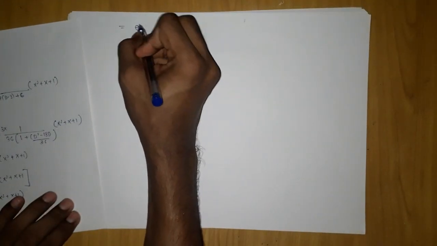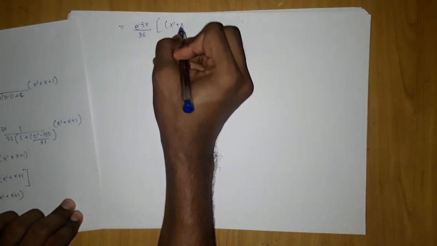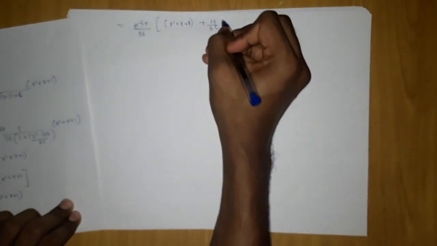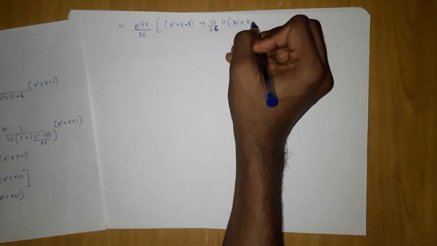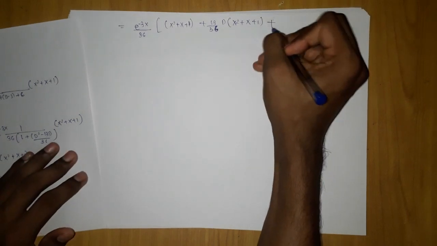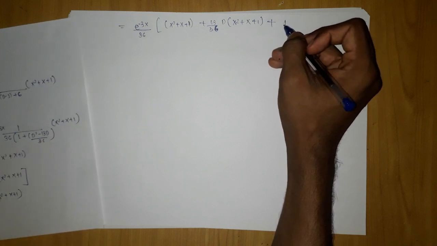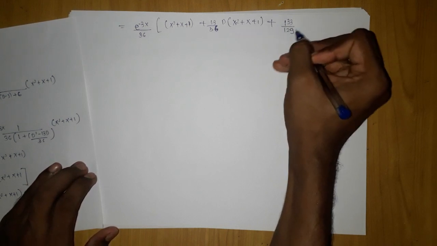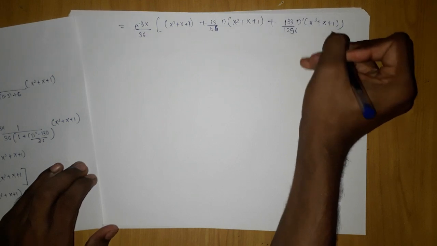If we multiply (x square plus x plus 1) with each of the terms, we are going to get e power minus 3x by 36, inside (x square plus x plus 1), and here 13 by 36 into D into (x square plus x plus 1). And after this, what we have is 133 by 1296 D square into (x square plus x plus 1) bracket close.